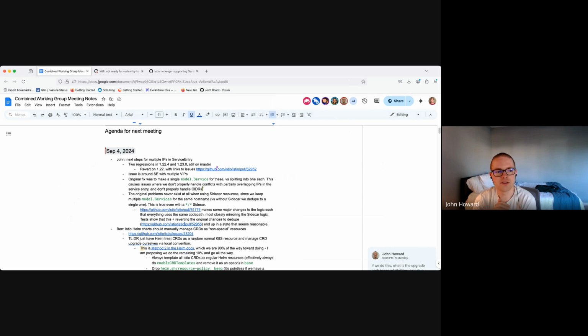In the non-sidecar case, we only allow a single service per host name. But in the sidecar case, we allow multiple services per host name, but only if they're in the same namespace. So once we split them, they're all still there and it all works as normal.